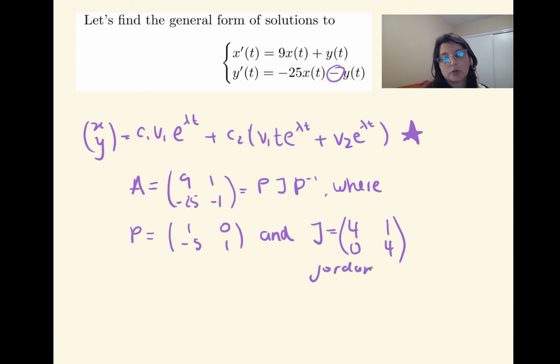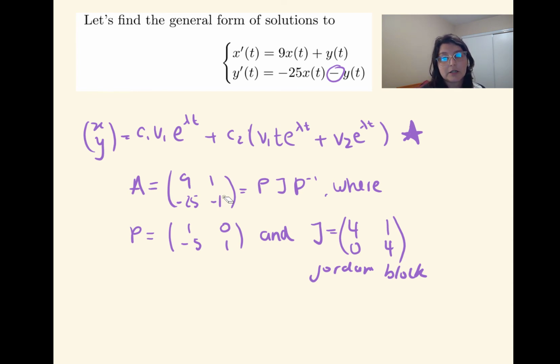It's actually a Jordan block. It's a matrix that is not diagonalizable. It has 4 as the only eigenvalue, and when two matrices A and J relate this way, we say they are equivalent. They are essentially the same, up to some transformations.